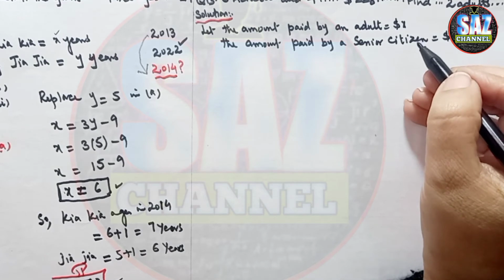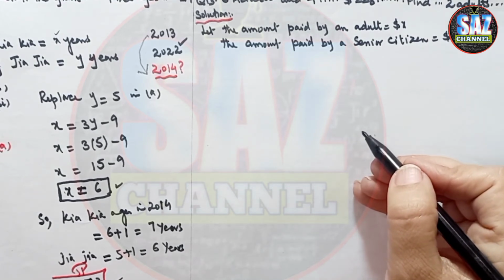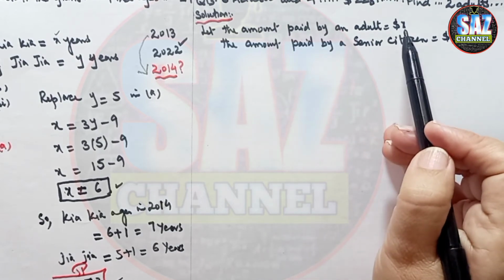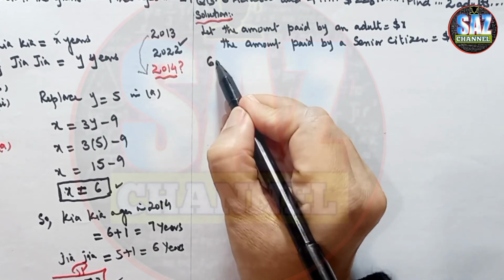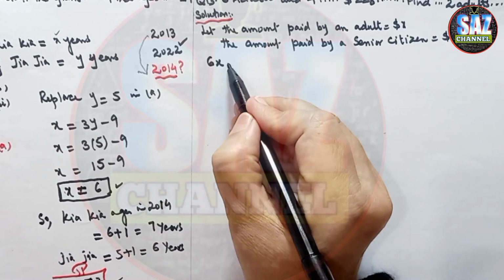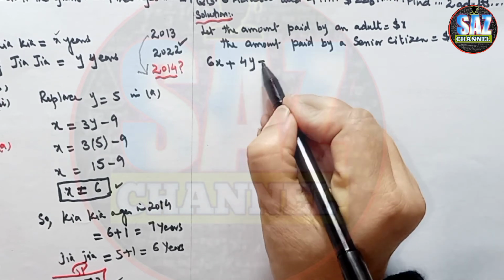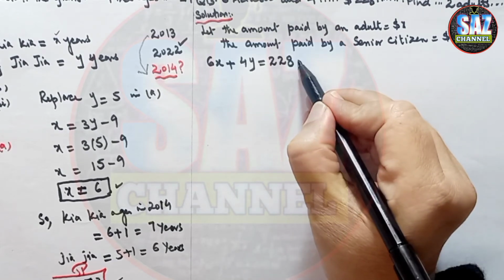$y. Now the question says 6 adults and 4 senior citizens. If one adult has to pay $x, then 6 adults have to pay 6x, and 4 senior citizens 4y, equals 228. This will be the first equation.